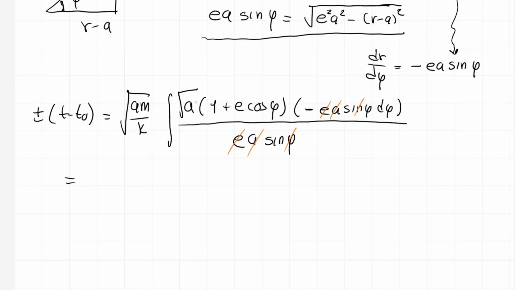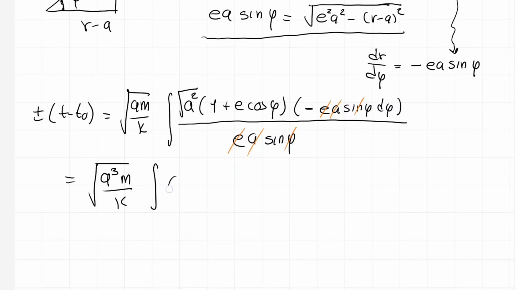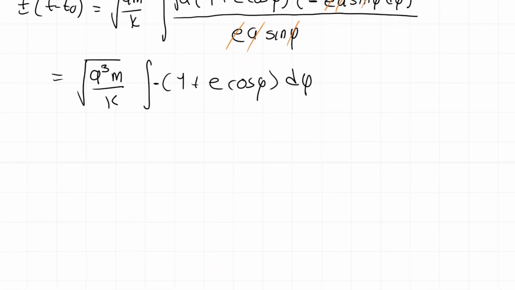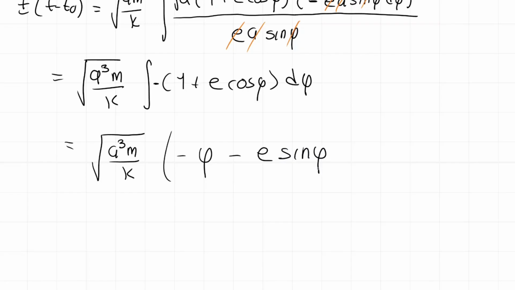this can be seen as the square root of a squared. So this is equal to the square root of a cubed m over k times the integral of 1 plus e cosine of phi d phi. And, negative actually, if we integrate, we are going to get the square root of a squared m over k times negative phi negative e, the integral of cosine is the sine, so sine phi.